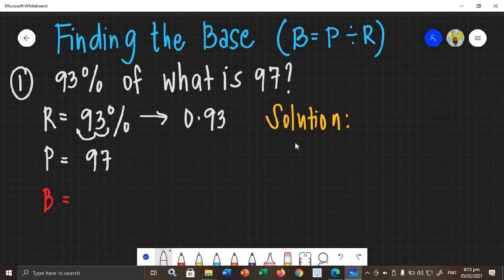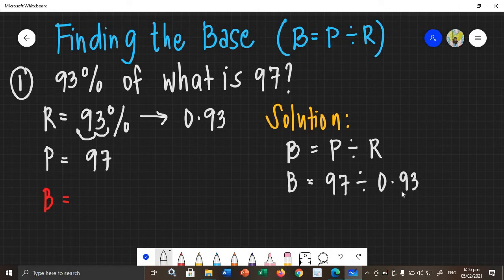Now, here is our solution. Using the formula, B is equal to P divided by R. B is equal to 97 divided by your rate in decimal form, no? 0.93. What's the answer kaya?